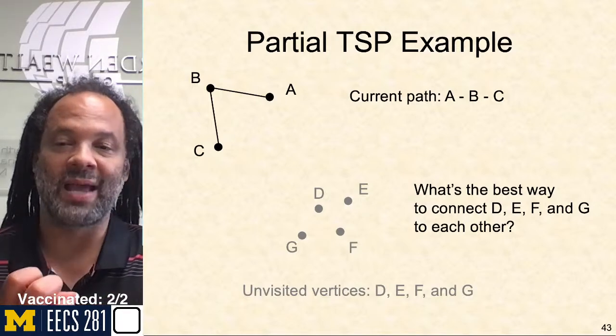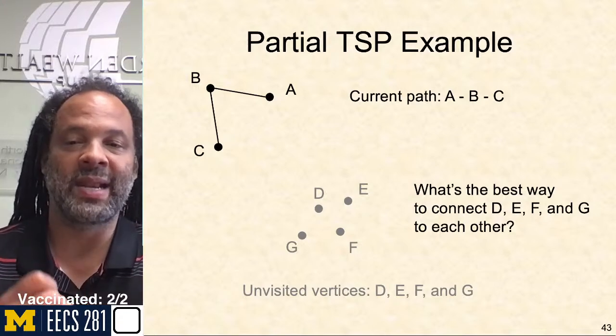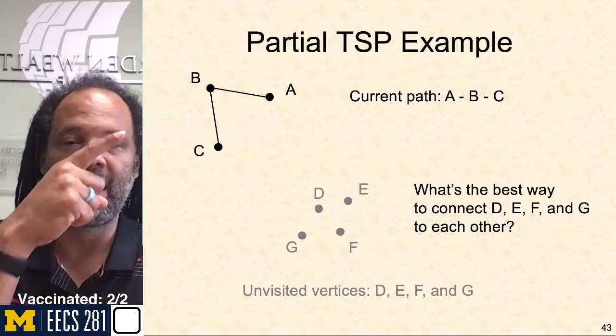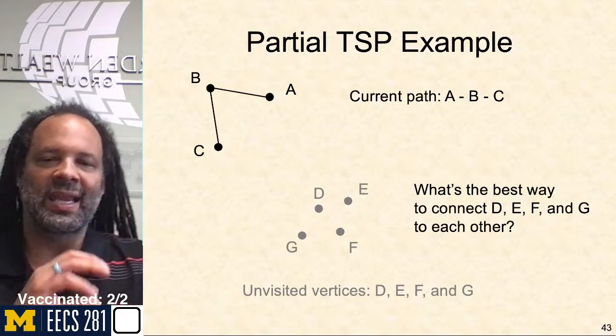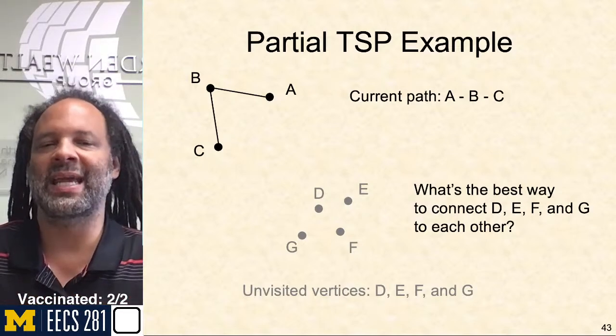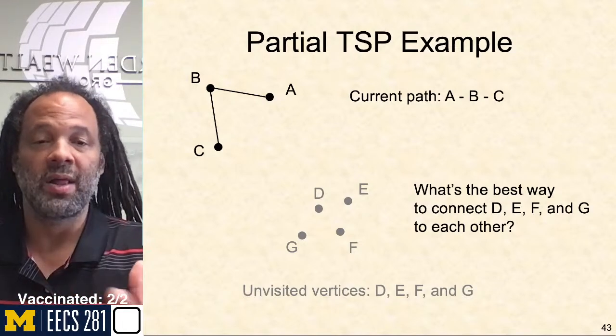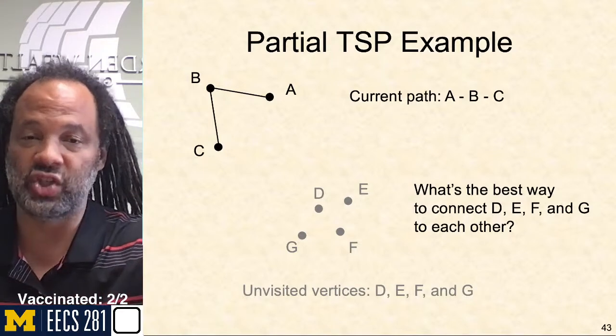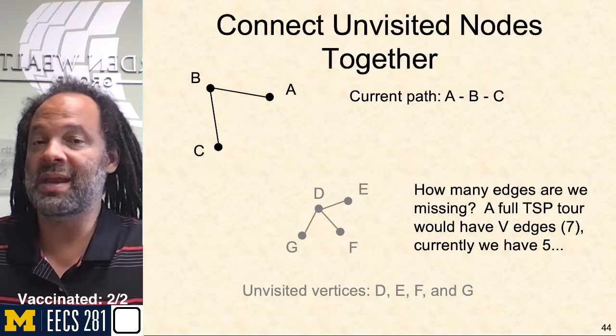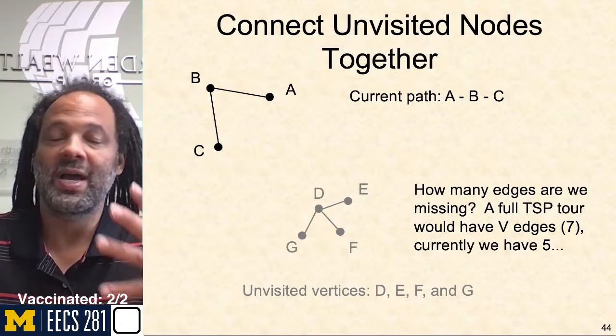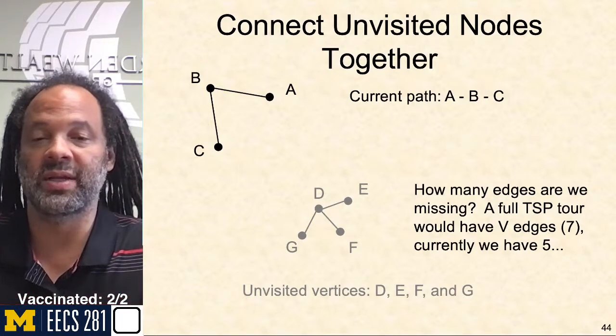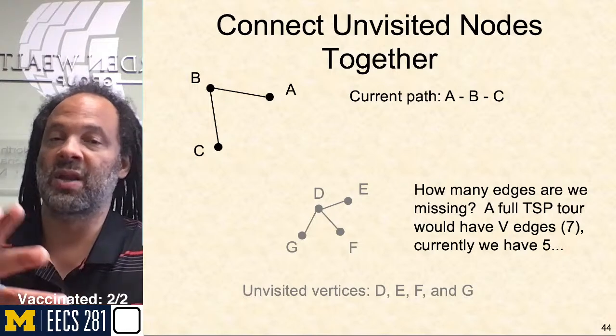I can add that to my lower bound, which is then the combination of what I know so far. And then I have to estimate getting to all the rest of that stuff. How do I estimate getting to D, E, F, and G? Well, we said the best way to connect those things cheaply might be an MST. So this now doesn't look like a Hamiltonian cycle, but I don't care because it's an underestimate.